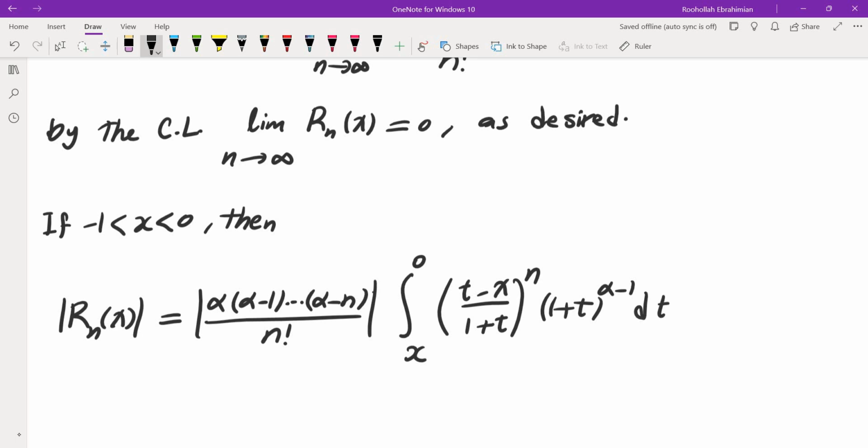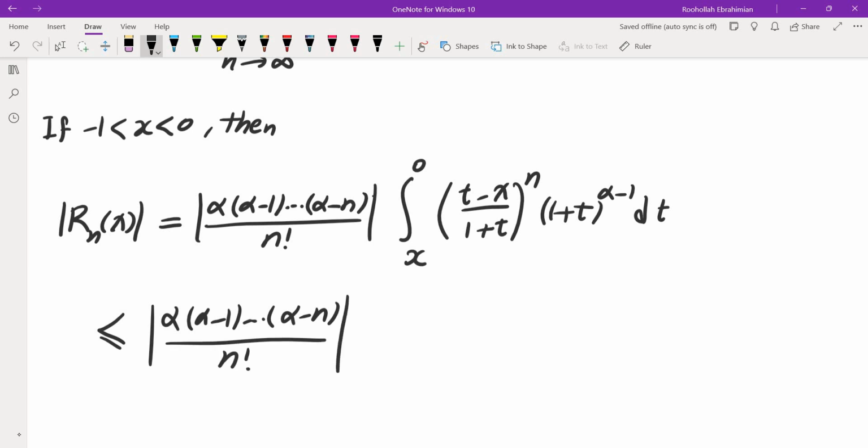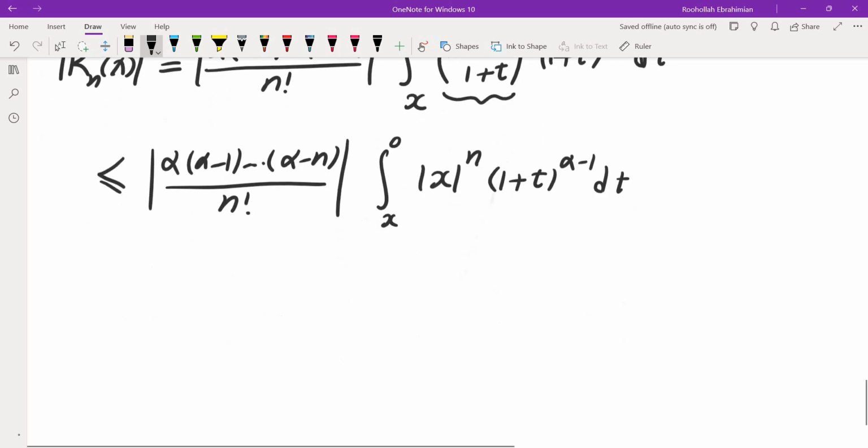So I made sure that this expression is positive because I'm taking the absolute value. And this is less than or equal to the absolute value of alpha(alpha - 1)...(alpha - n)/n! times the integral from x to 0. This factor is less than or equal to the absolute value of x to the power of n, times (1 + t)^(alpha - 1) dt. So if you take that out, we get something similar to above.